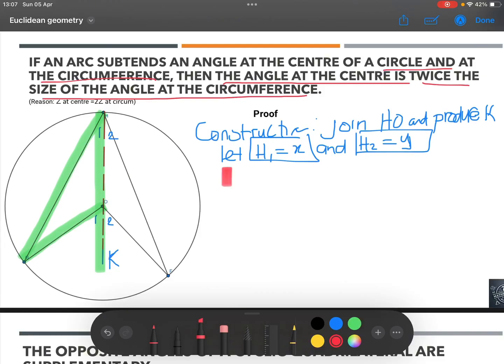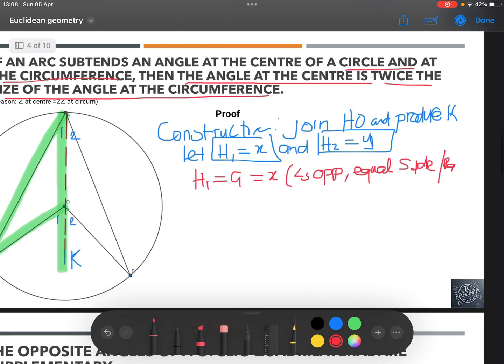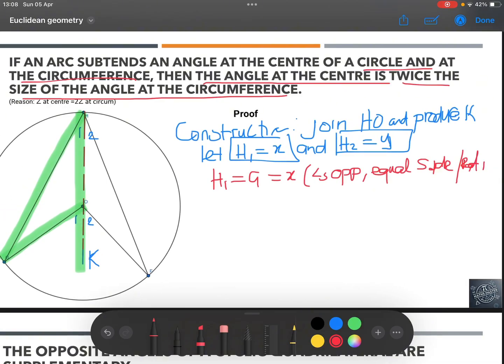Looking at triangle OHG, we can say H1 will be equal to G, and that is equal to x. What will be the reason for that? Angles opposite equal sides. You can say equal sides or equal radii, that is still fine.